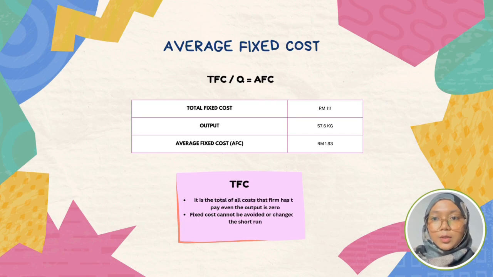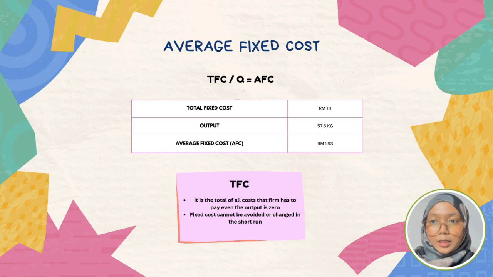Let's now take a look at the average fixed cost, which represents the fixed cost per unit of output produced. First, we have the total fixed cost, TFC, which is the total of all costs that the firm has to pay regardless of the level of output. In this case, the TFC is RM111.